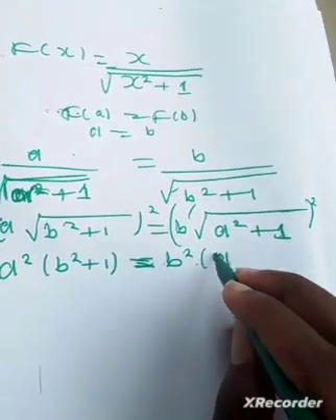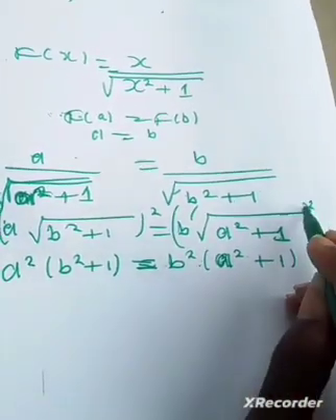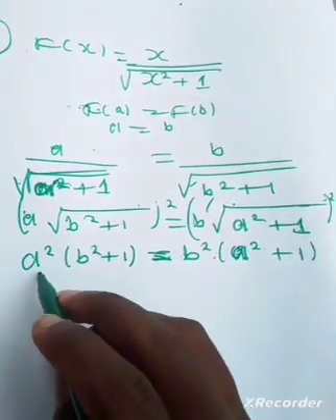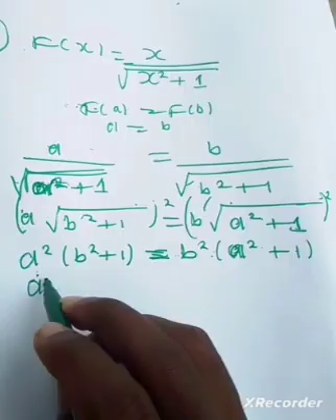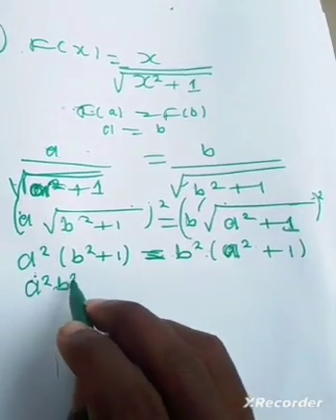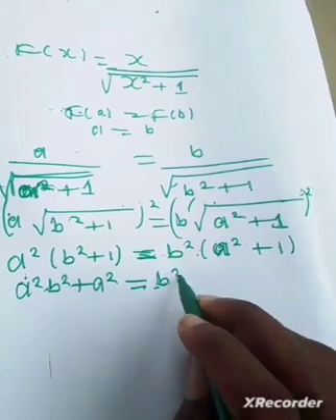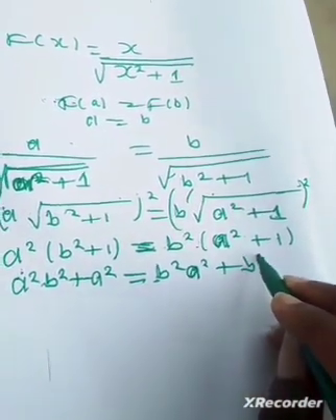A power 2 plus 1. When you raise both sides to the power of 2, the square roots will cancel, will go out. Okay. Then we multiply through. We have a power 2, b power 2 plus a power 2 is equal to b power 2, a power 2 plus b power 2.